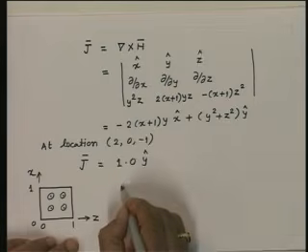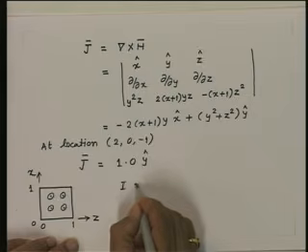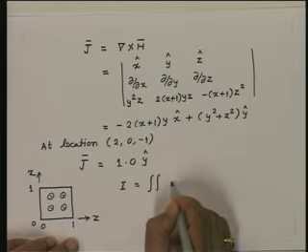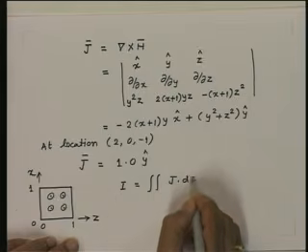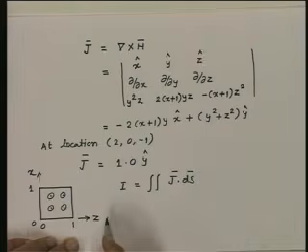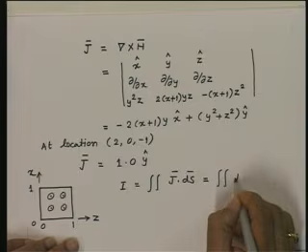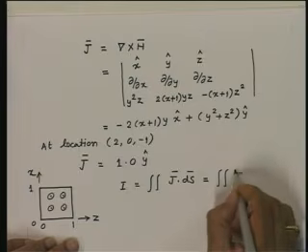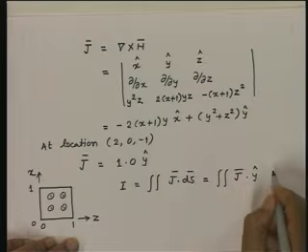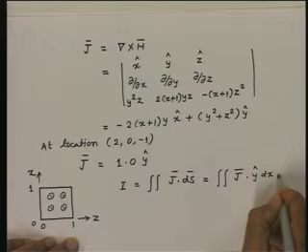Now the total current enclosed, I, will be the integral of J dot dS, which is the integral of J dot y cap dx dz.